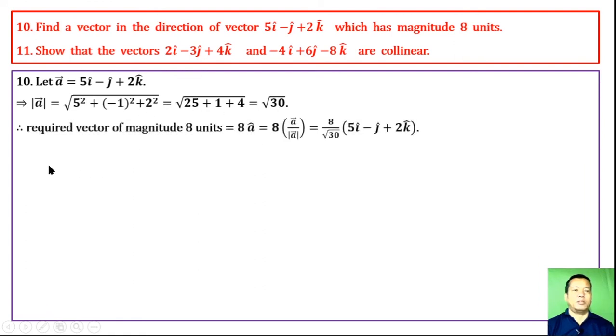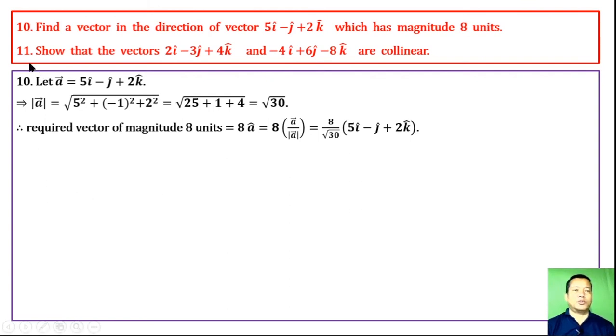Therefore the required vector of magnitude 8 units is 8 times a cap. A cap is a vector divided by its magnitude. Substituting the respective values of a vector and its magnitude, we get this, which is the vector of magnitude 8 in the direction of the given vector.